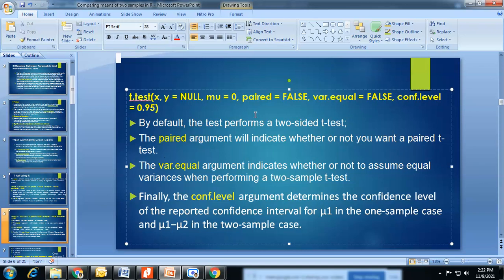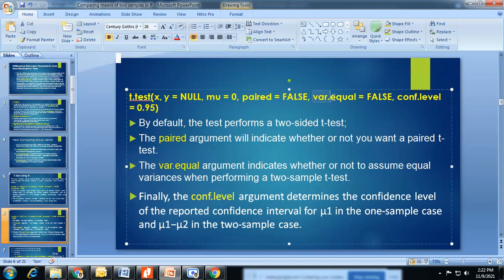When paired is equal to false, you are not performing a paired t-test, and when paired is equal to true, you are performing a paired t-test. That is the significance of the argument paired equal to true or false.